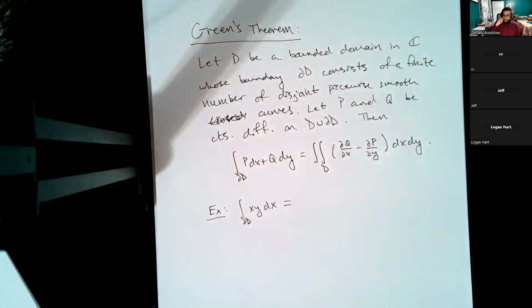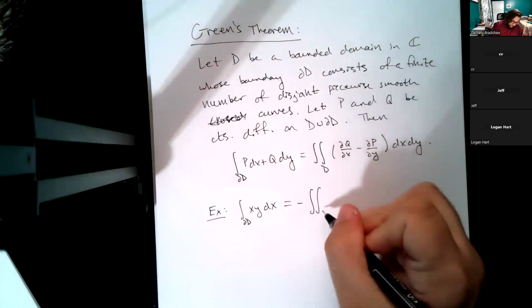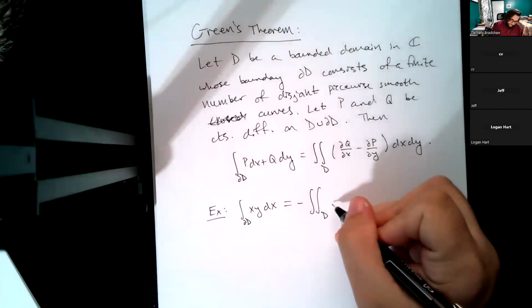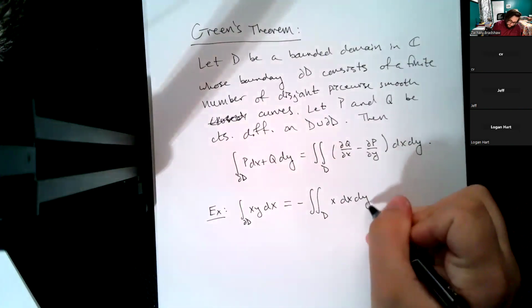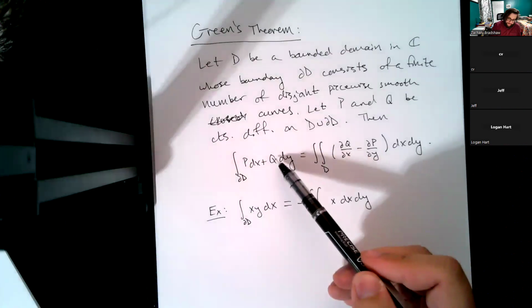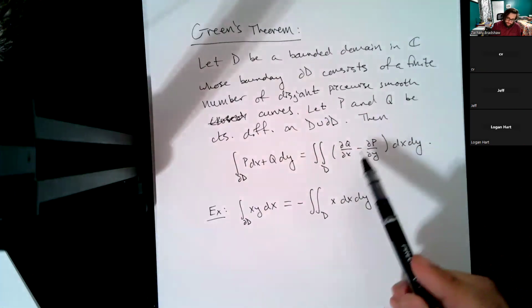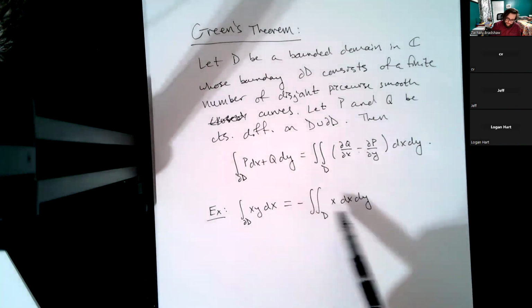So let's take the same integral. By Green's theorem, we can write this as the double integral over the domain of x dx dy, right? Because P here is xy and Q is 0, so we pick up a minus dP/dy, which is x.